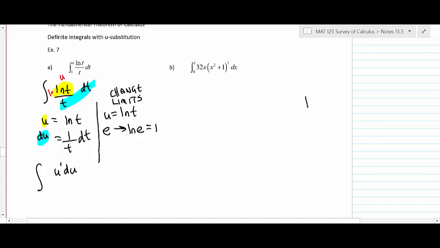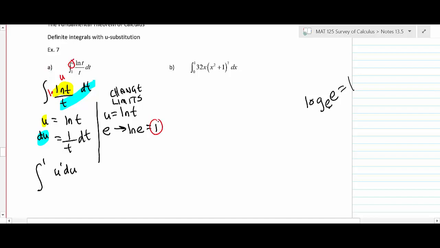The reason is it really means log base e of e, that's equal to 1, because e to the first power is e. So we're not going to put an e there, we're going to put a 1 there. So this changes to this.